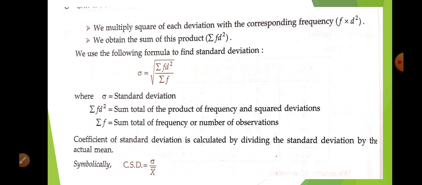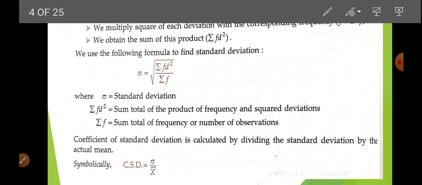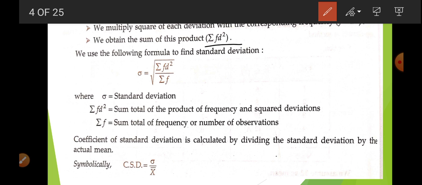Okay, and then we are going to multiply with f, and calculate sum total of it and use this equation under root sigma fd square upon sigma f. And for getting the coefficient of standard deviation, we are going to use the equation standard deviation upon mean.